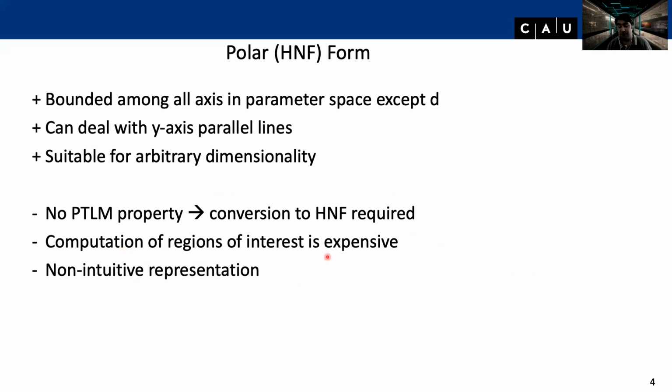You need to compute several derivatives, especially in high dimensions, to see if it actually intersects a hypercuboid or cuboid or a rectangle in half space. And it's kind of non-intuitive, because, to be honest, it's difficult to wrap your mind around saying, okay, now these 2 points, they are these 2 sinusoidal functions that intersect. It kind of gets difficult.